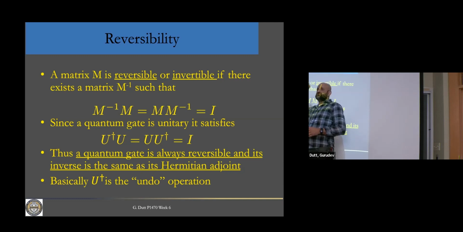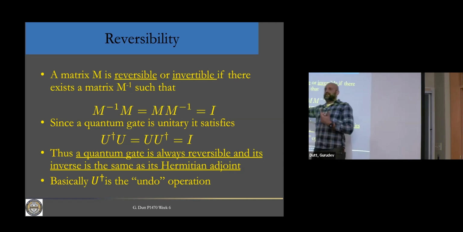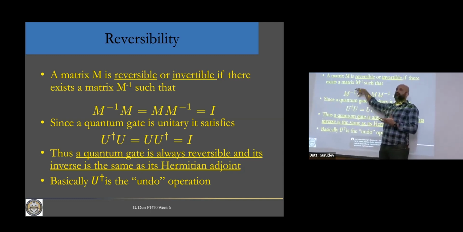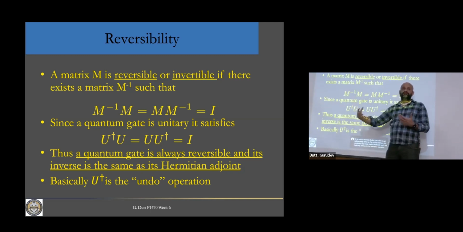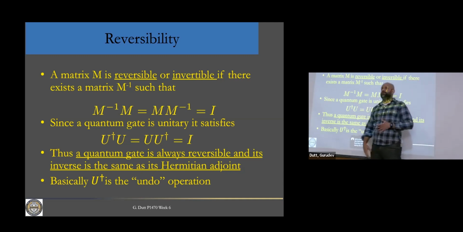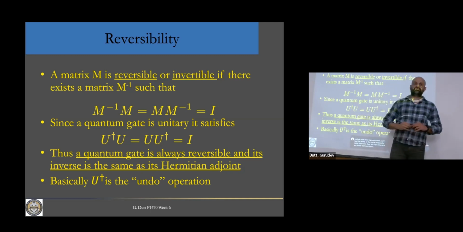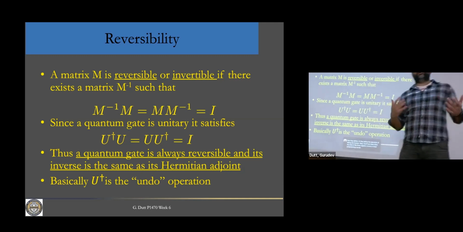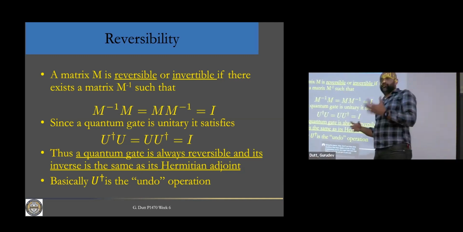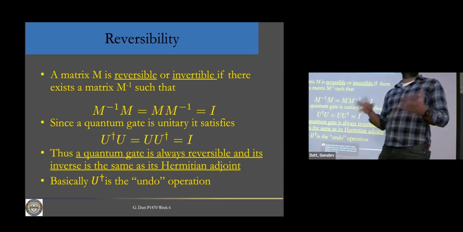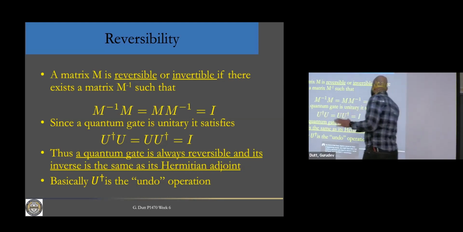For normal matrices, if you look in any linear algebra textbook, you'll see how they define the operation of taking the inverse. If you have done any kind of linear algebra course or linear programming course, you might have seen that you have to calculate some cofactor matrices, find the determinant, etc. Anyway, that's not important.